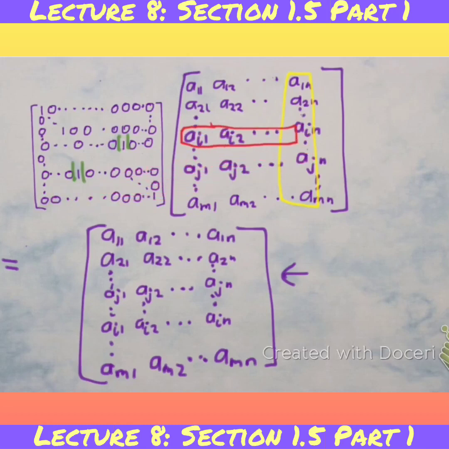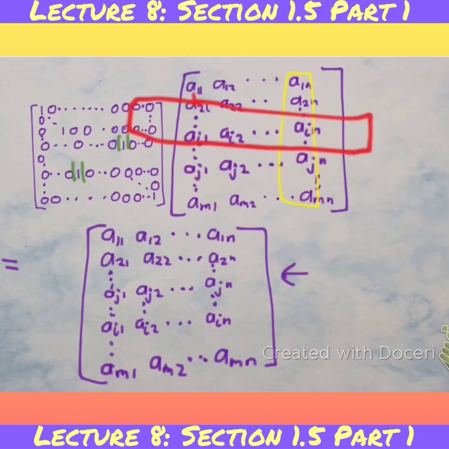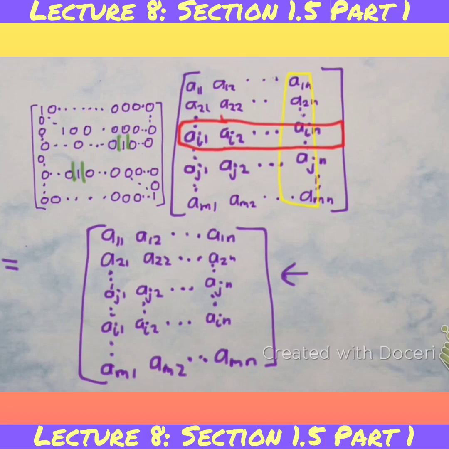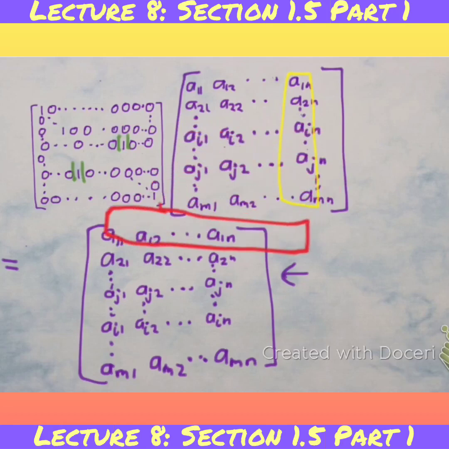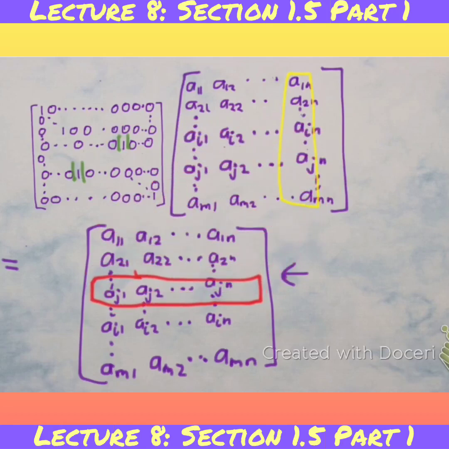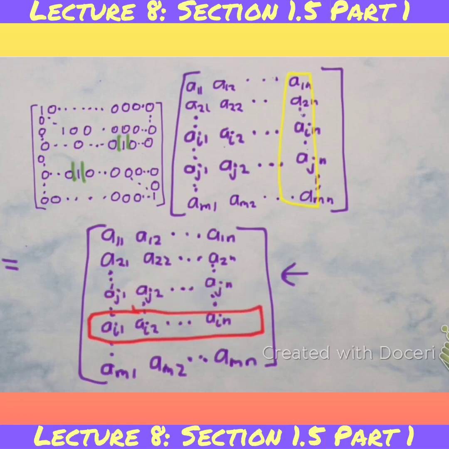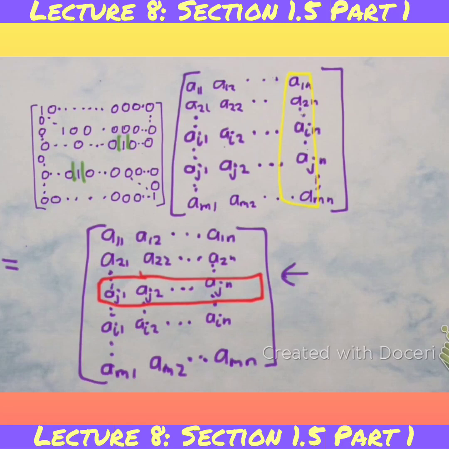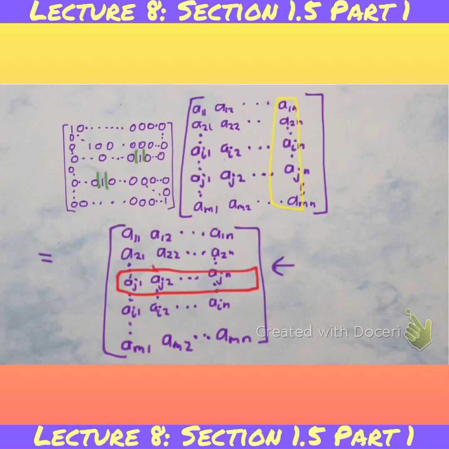Well, we took the matrix A, and all we did is interchange the ith row of A with the jth row of A, and that resulting matrix is in fact the product between E and A. So in the ith row we've got the jth row of A, and in the jth row we've got the ith row of A. Essentially, we constructed the product between E and A by simply taking the operation that we used to get the elementary matrix and applying that same operation to A.